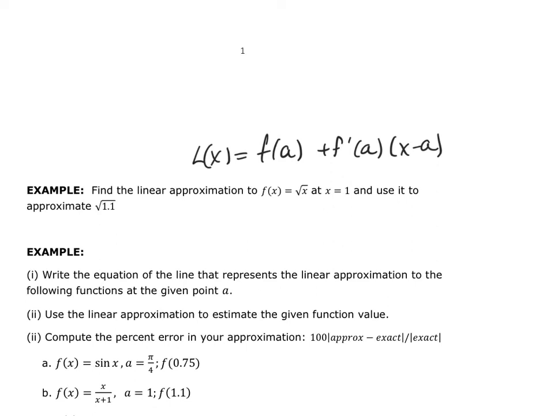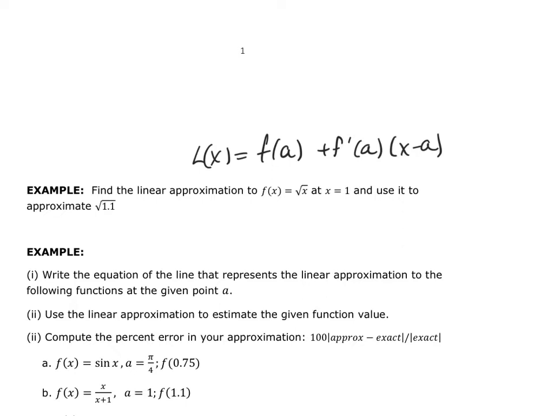Now a is the cool value. A is the value we know the value of, right? So when I look at the linear approximation of 1.1, my a is 1 because I can take the square root of 1 all day long.